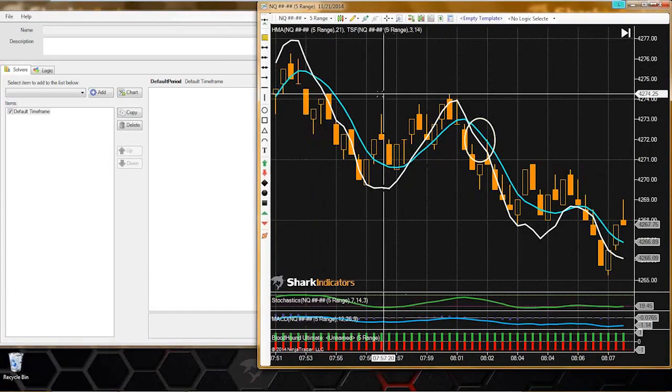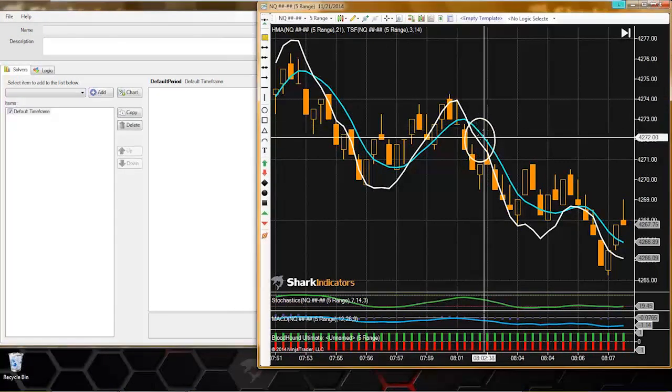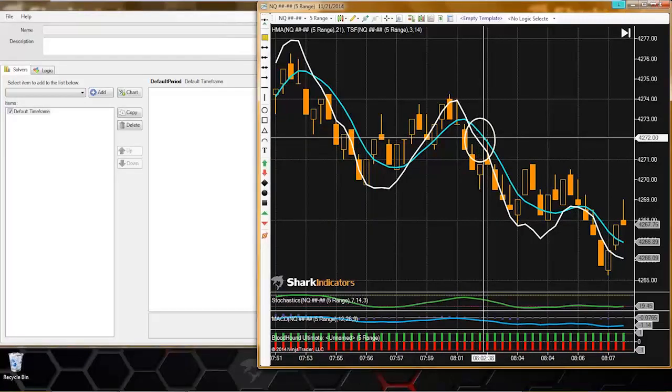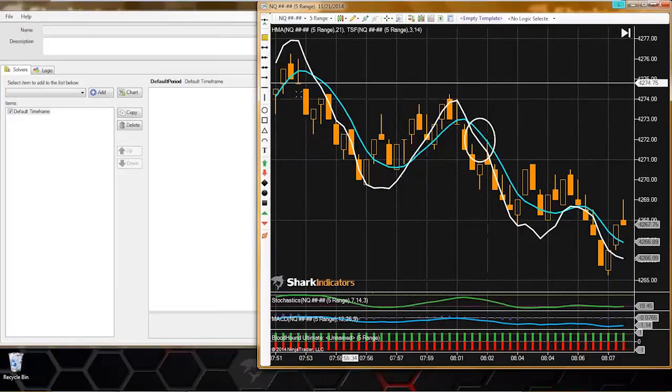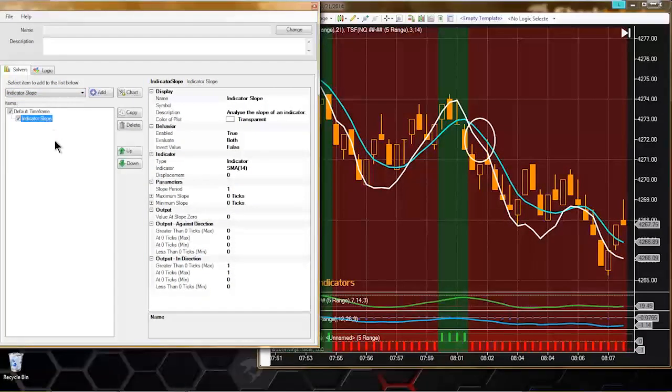So there's a key element to determining if two moving averages, or basically any two plot lines, are parallel. What you need to do is measure the angle of the plot lines. So we need to look at the slope of these two plot lines. While BloodHound does have a slope solver, the slope solver doesn't actually tell you what the slope is.